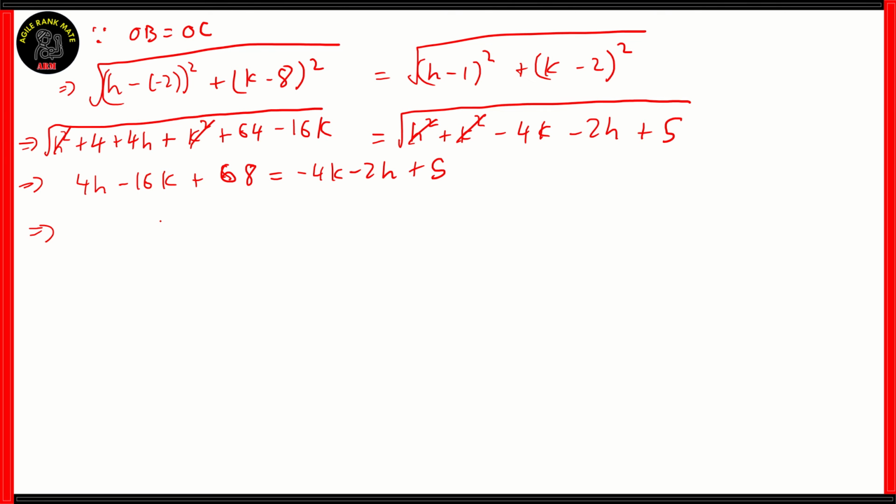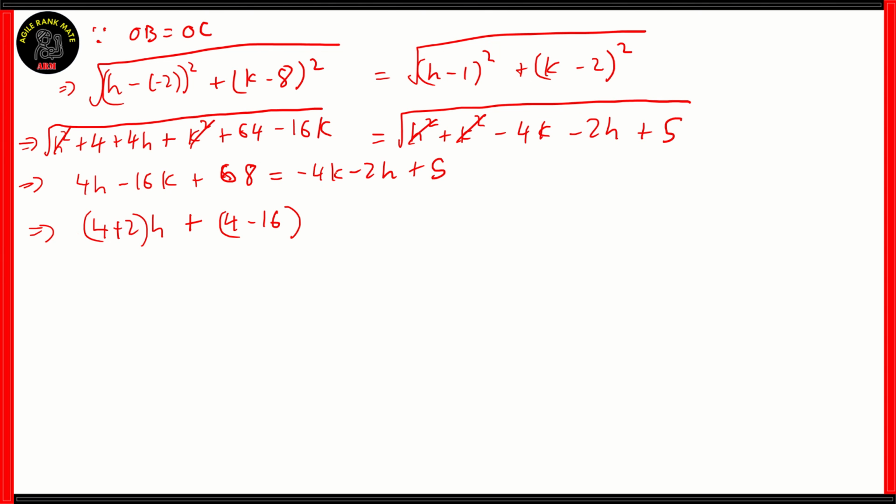So we can take the variables to the left, the constants to the right. Actually, it's 4h plus 2h, not minus 2h, because it's minus on the right and it goes to the left, it becomes plus.